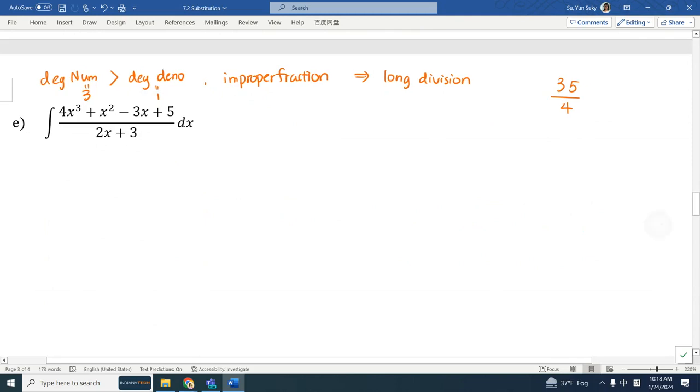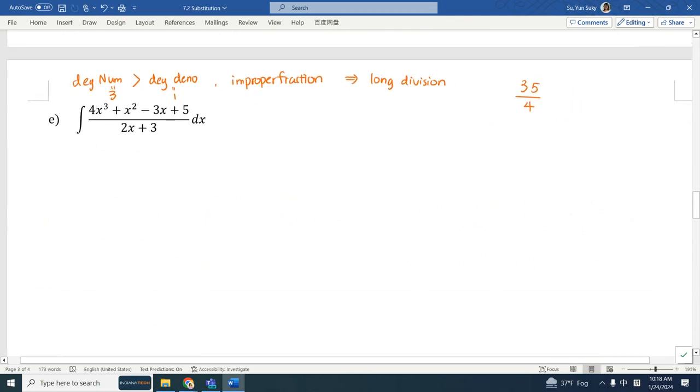How do you make it proper? You use 35 divided by 4, and you think about what number multiplied by 4 is less than 35. 8 times 4 is 32.